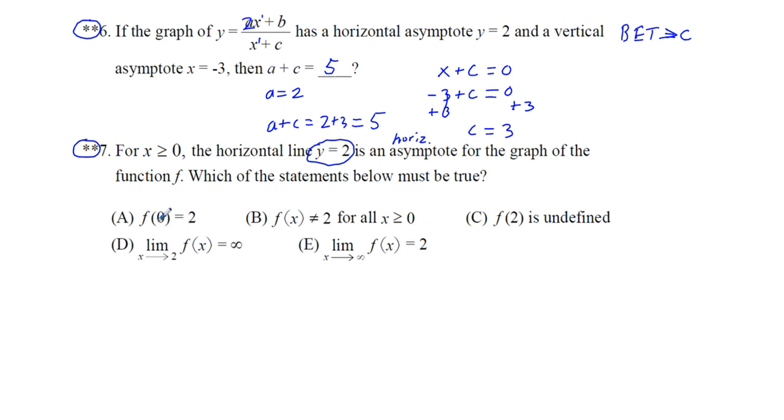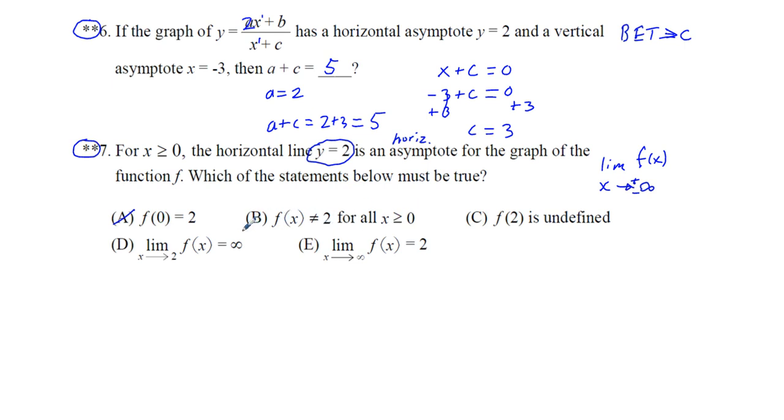Well, f of 0 equals 2. Well, not necessarily. In fact, the function can actually be defined at f of 0. We're interested in the limit as x approaches infinity, or I'll say plus or minus infinity, of f of x. And so that's not right. f of x is not equal to 2 for x greater than or equal to 0.